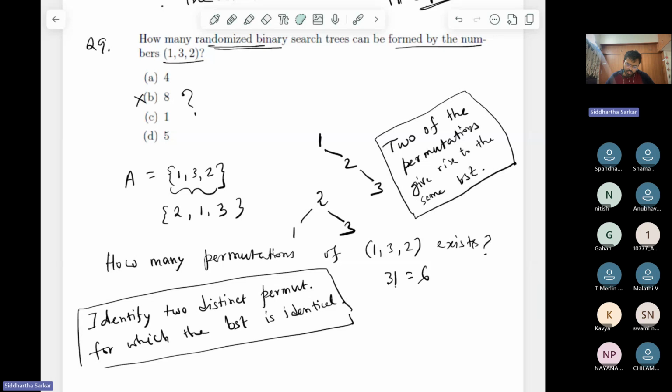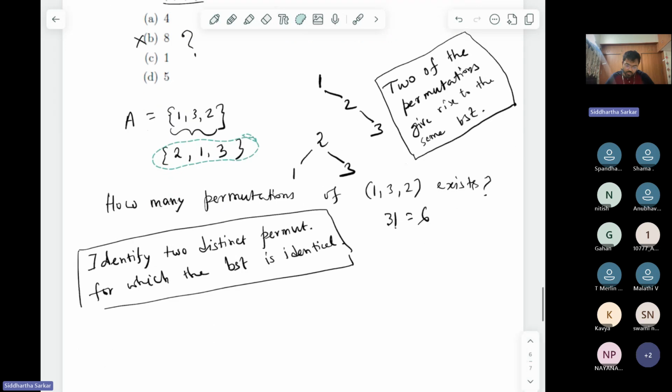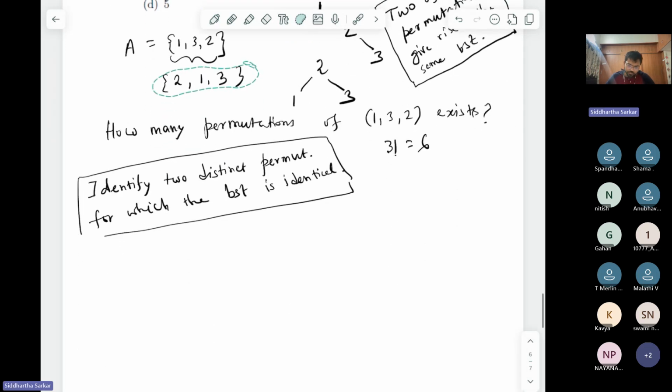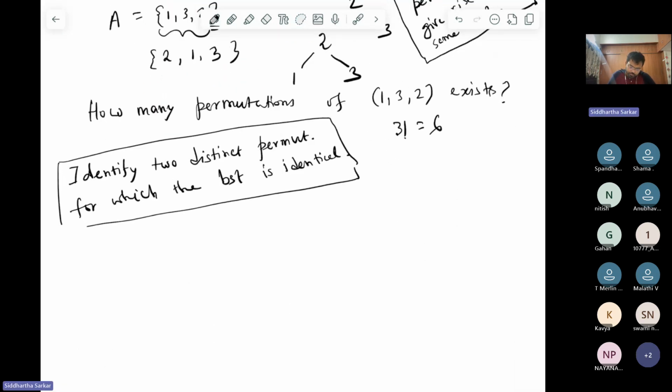So for 2, 1, 3, yeah, we can draw all 6 BSTs. I thought that he would do it, but anyway, I'll do it.